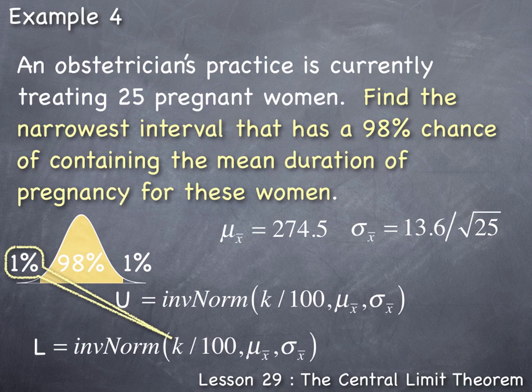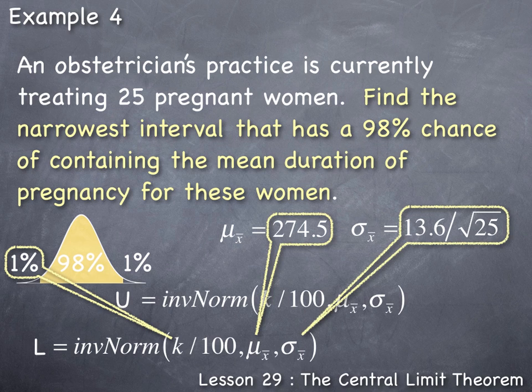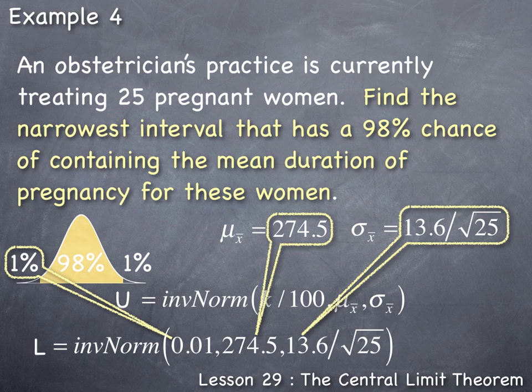So k is 1. So we can enter this into the calculator as 1 divided by 100, or we could enter it in decimal form. 1% would be 0.01. The mean, mu x bar, is 274.5, and the standard deviation, sigma x bar, is 13.6 divided by square root of 25. So entering this command into the TI-84 calculator, we'll find L, the lower limit of the interval.